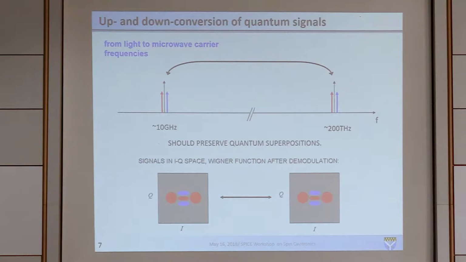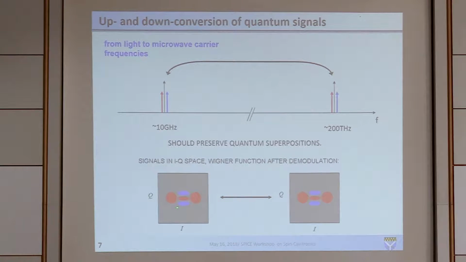So what do you mean, convert a microwave photon to an optical photon? What we are talking about is really not trying to make the energy conserved. We just want to change the carrier. The same thing you do in radios, you modulate a carrier in the IQ space.